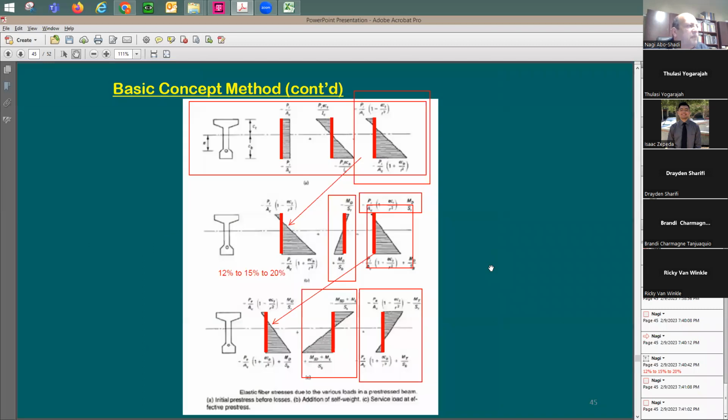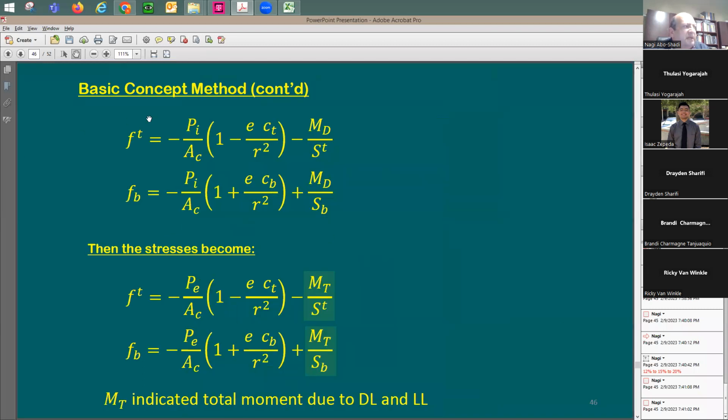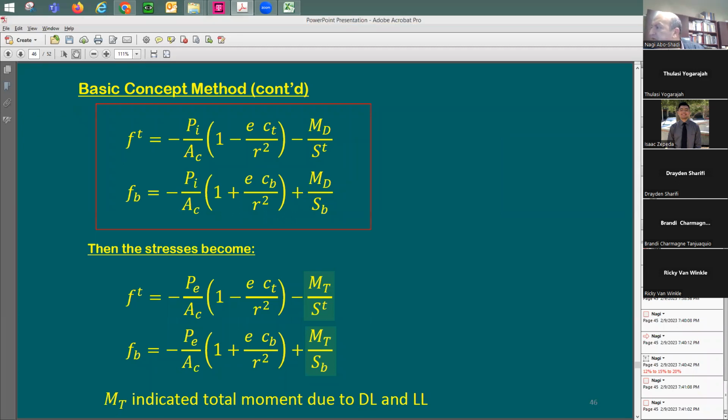So what happened? In this equation here, it says when you have PI, which means at the beginning of the stressing, this PI is going to be the high value, and you have only dead load. And this is going to be the equation that you need to use, f top and f bottom. Good thing, you're going to have your formula sheet on you. And you don't have any problem trying to memorize that.